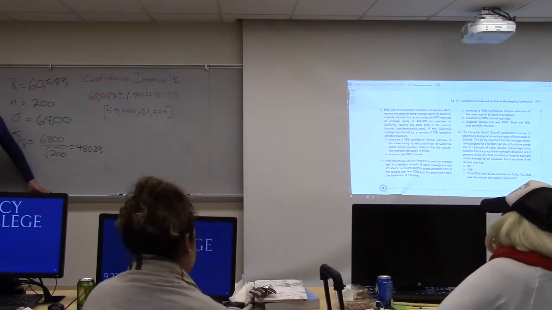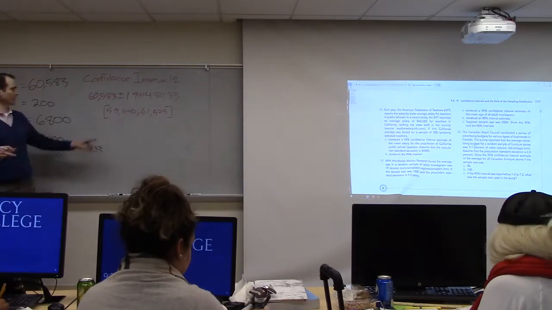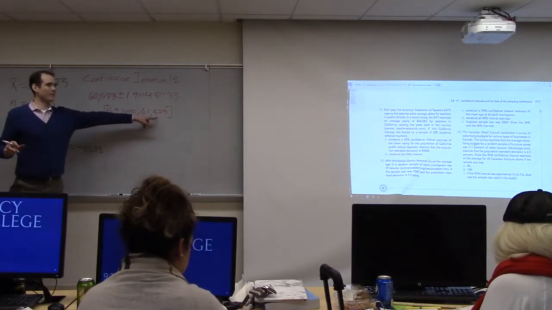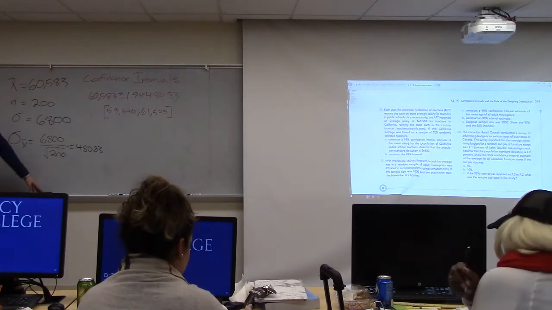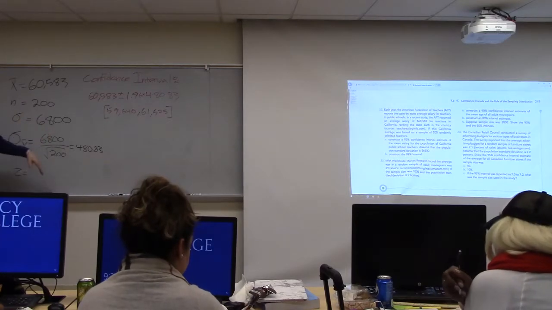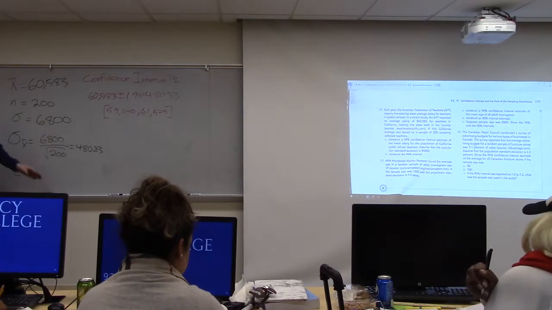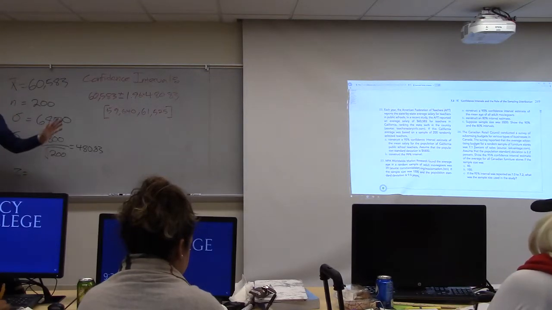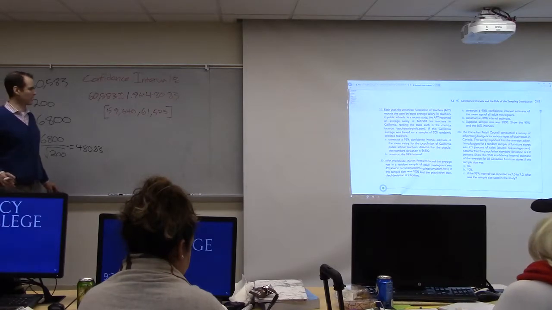Average teacher salary in New York is between, or California, is between 59,640 and 61,525. That's pretty close, that's within, what is that, 2,000? Yeah, so we're 95% confident, that's just asking 200 teachers out of 50,000 teachers in California.